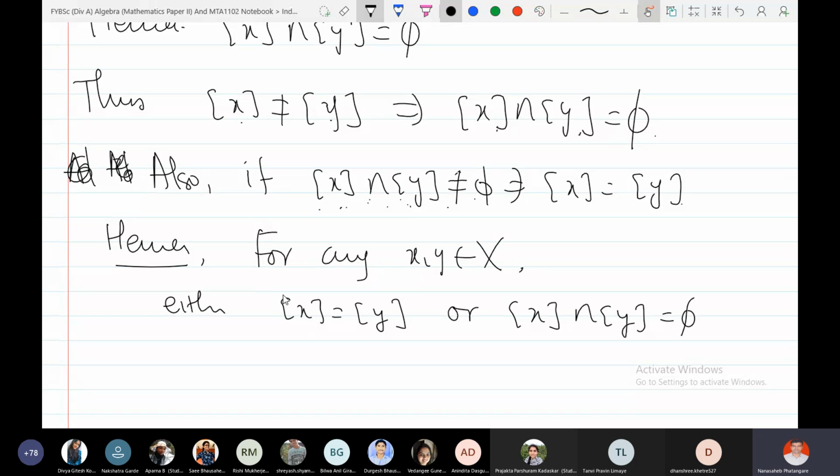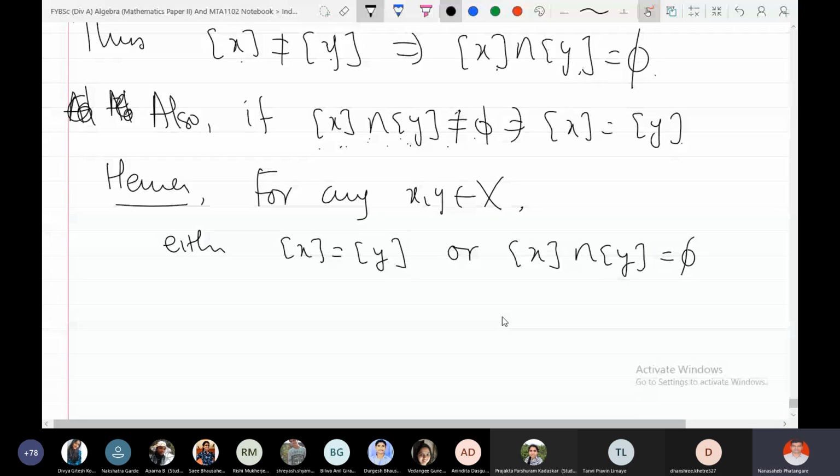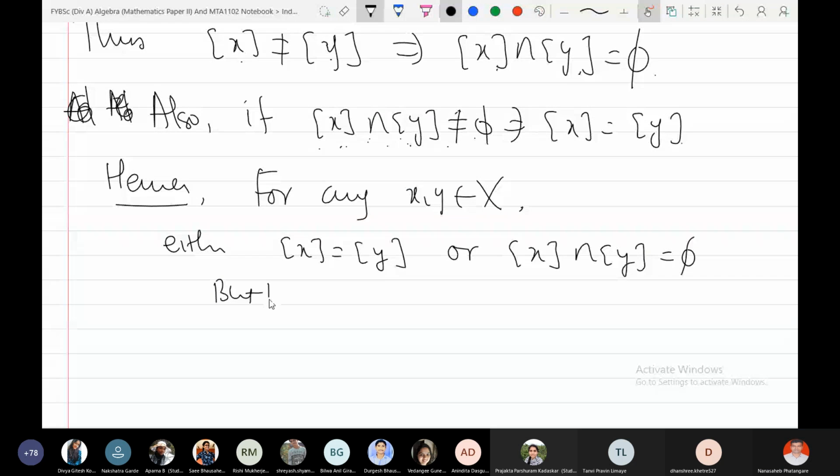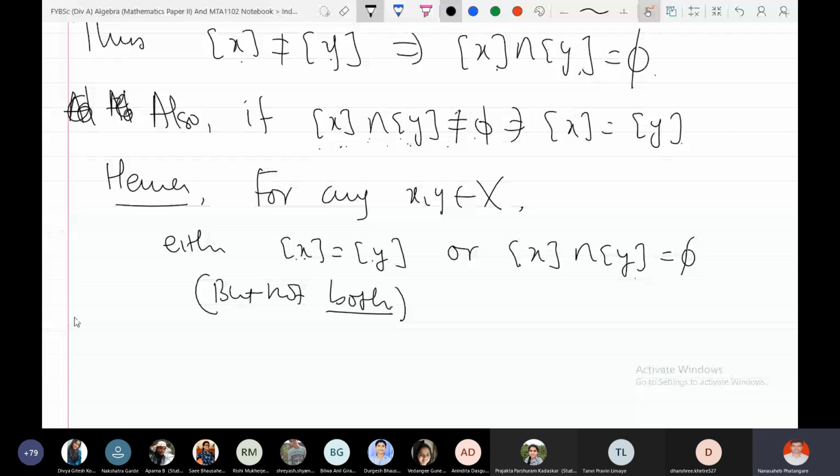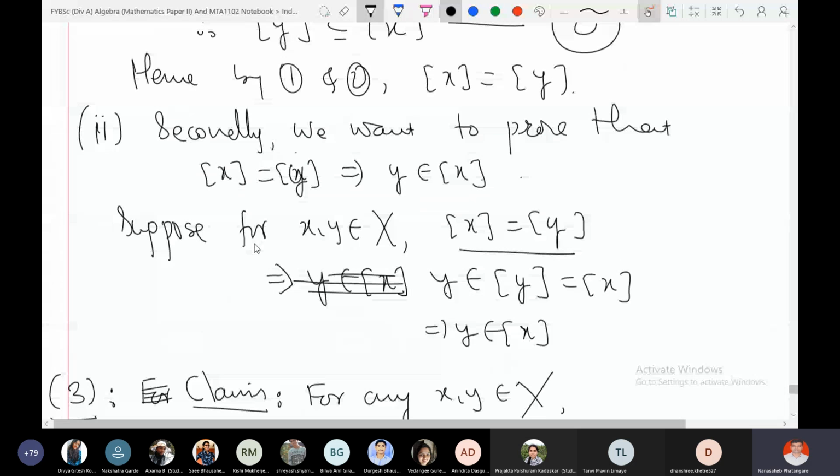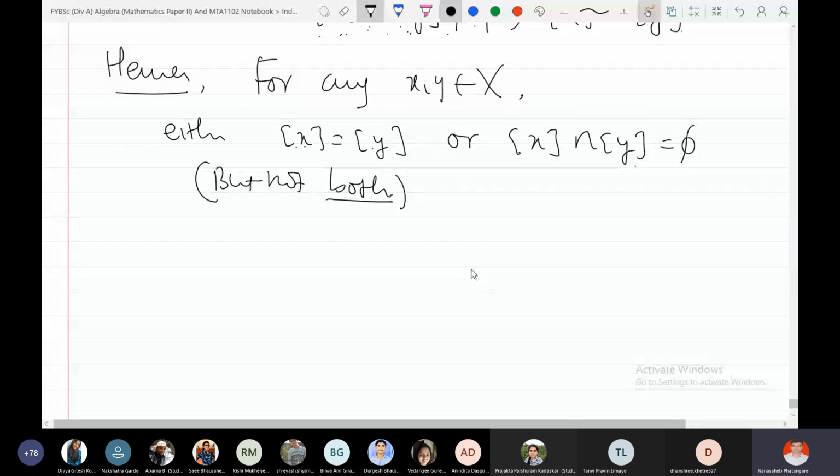So the class of X being the same as the class of Y means they are completely matching. But not both. Both things will not happen simultaneously. The classes are the same or they are disjoint. So this is what this statement says. The meaning of the statement is clear.